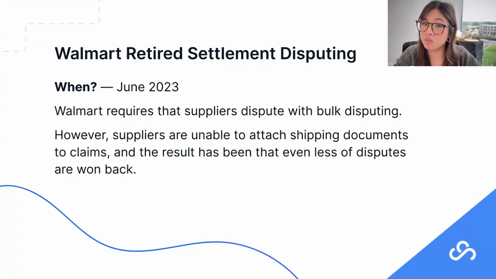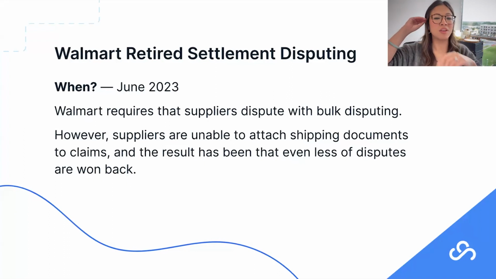If you are a smaller supplier, I would say under 100 million-ish, you probably were not part of settlement, and you probably will not be invited to be part of settlement just because you don't have enough claims to really clog up their backlog. So along with that, I'm giving you guys a lot of Walmart deduction lore. Again, this is a little bit more 101, so hopefully this is helpful context and background.